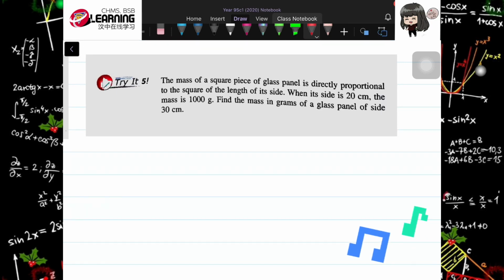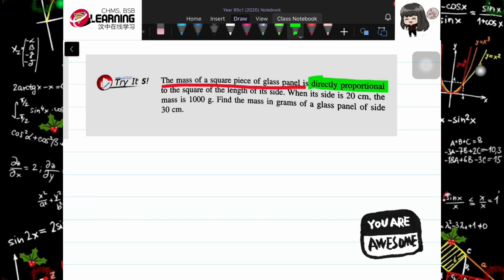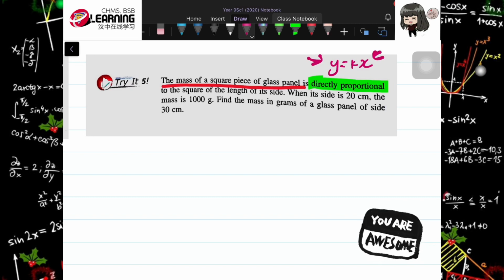The mass of a square piece of glass panel, this whole thing is considered as one variable, is directly proportional. So when you see directly proportional, it must be related to y equals k times x. But what is your y, what is your x, you have to see the question.